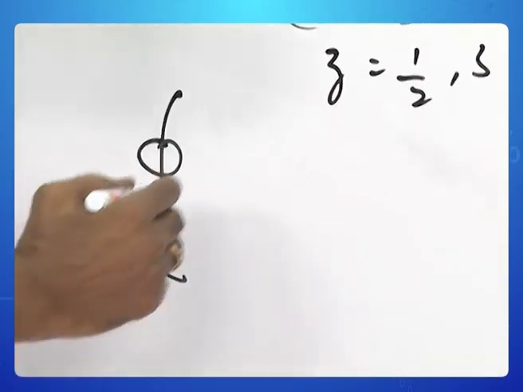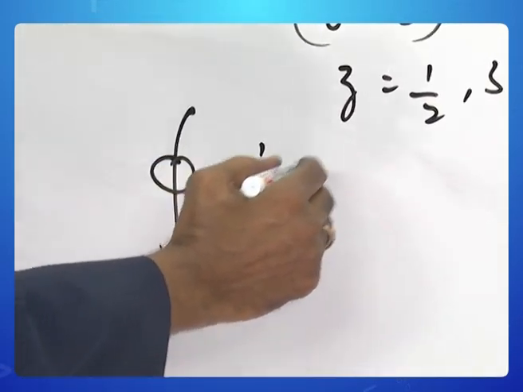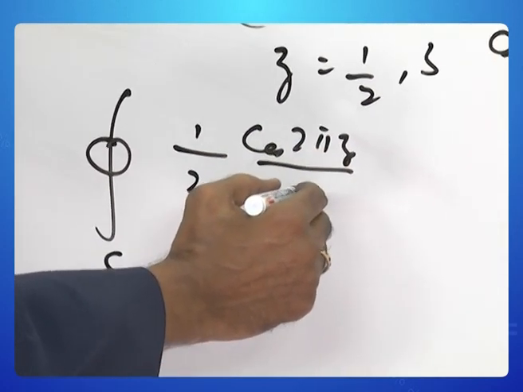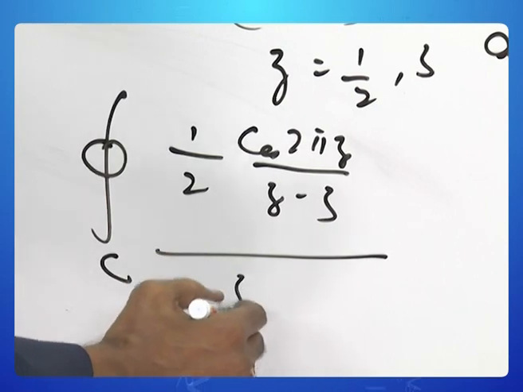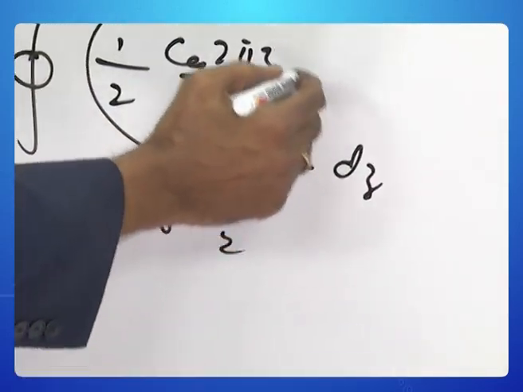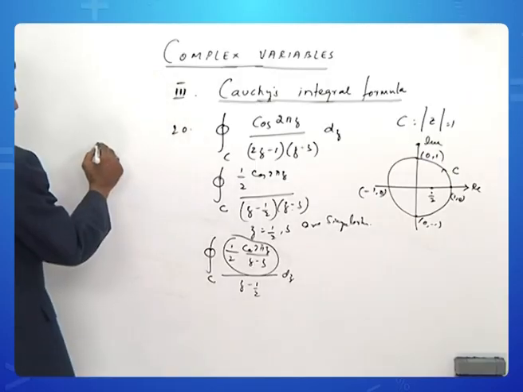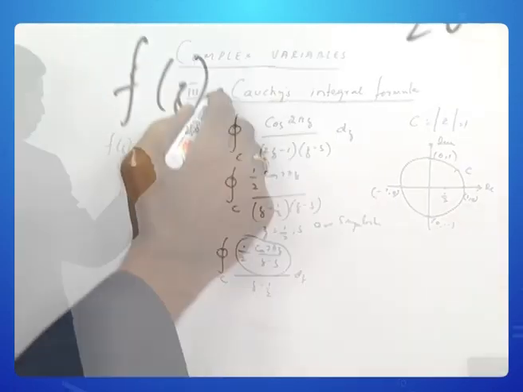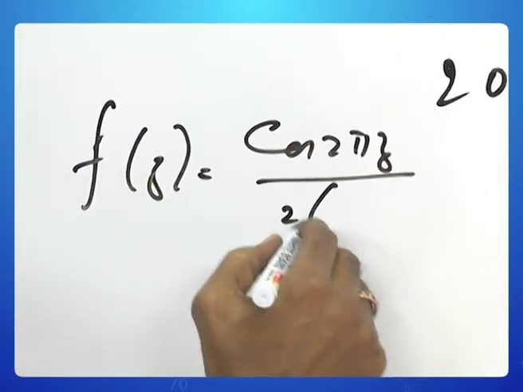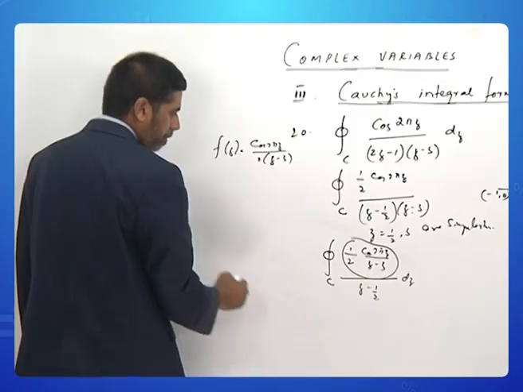So we can write this as half cos 2 pi z by (z minus 3) divided by (z minus half). So we will treat this as a function. F of z is equal to cos 2 pi z by 2 into (z minus 3).